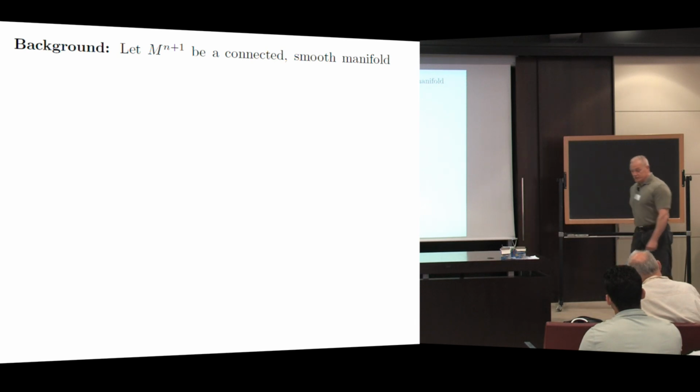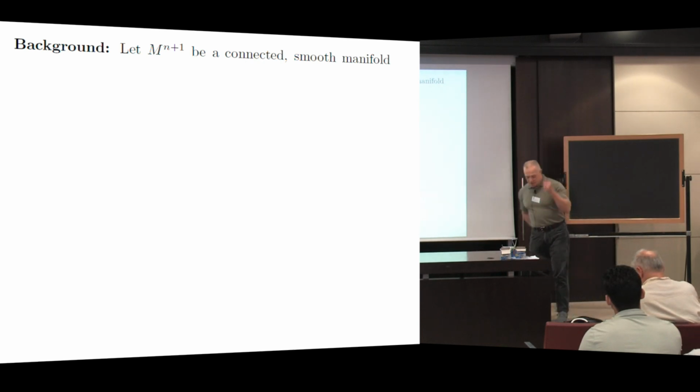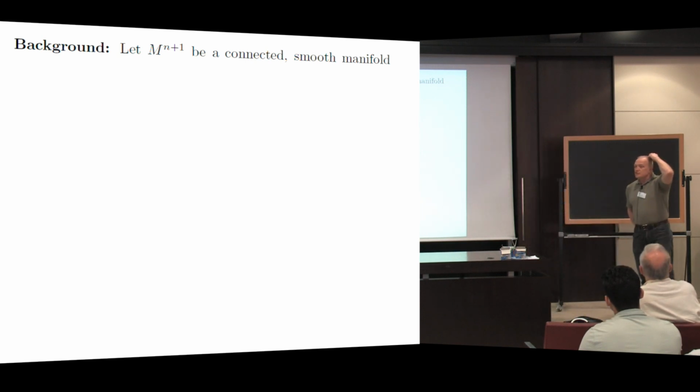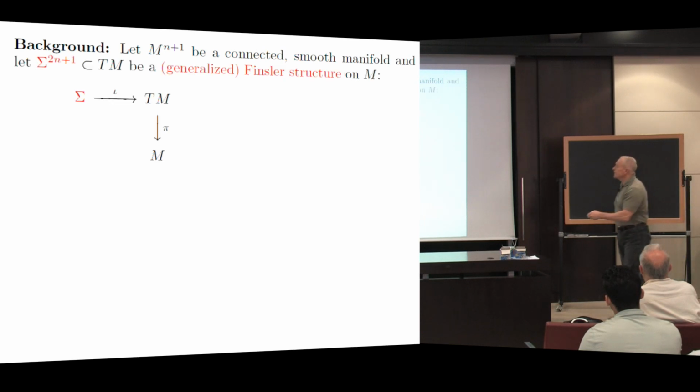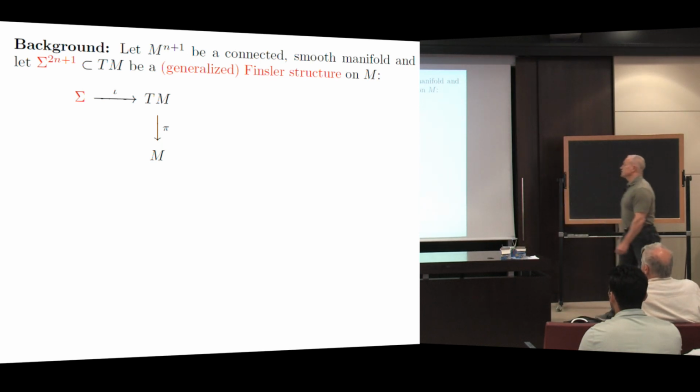And so what I want to do today is talk about what the equation of constant flag curvature is, or what its solutions look like locally and then globally. My sense of local might better be called microlocal. I'm going to phrase it in these terms, although it will turn out to be relevant in the global Finsler picture.